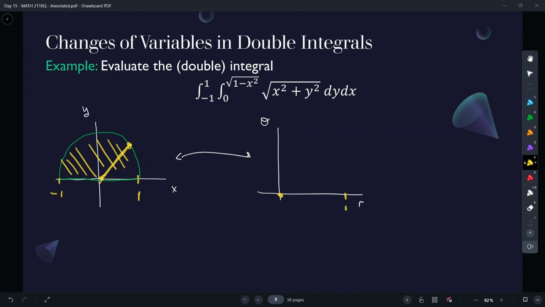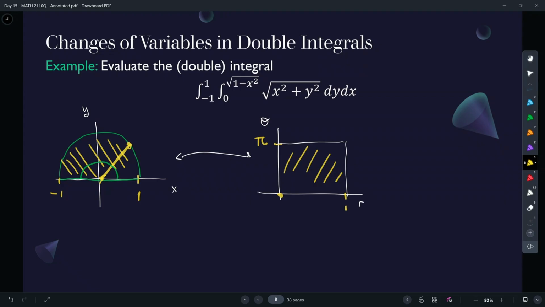But then the angle can go all the way to pi and no farther. So the r is from there to there. The theta is going up to pi. So I am integrating in this region instead. Okay? So that is what's going to happen when I do a change of variables in polar.